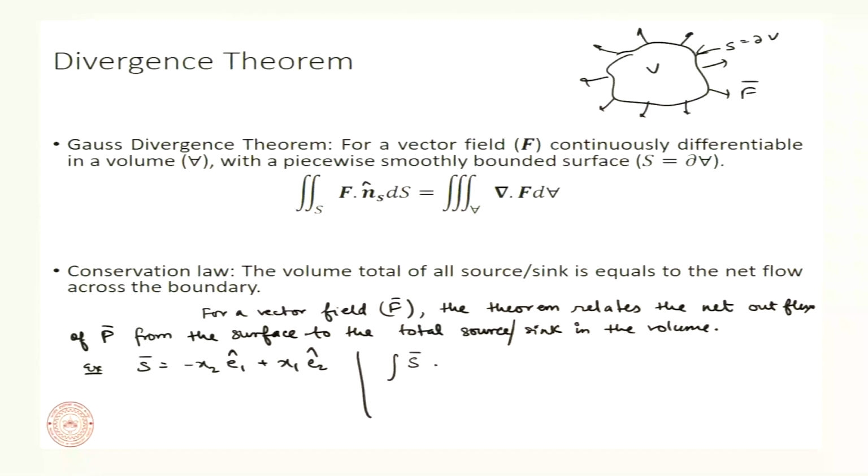So, s vector dot with the E3 direction dS is equal to 0, right, and likewise integral of del dot s dV is equal to 0. Okay. So, for that given surface which is inbound, we can see that the net flux getting in and getting out is equal to 0.